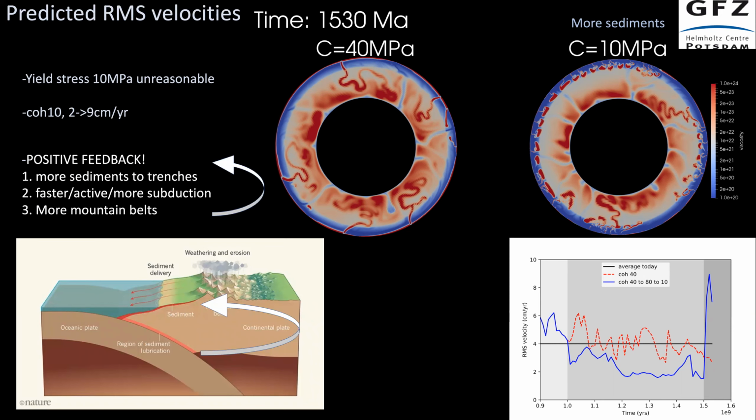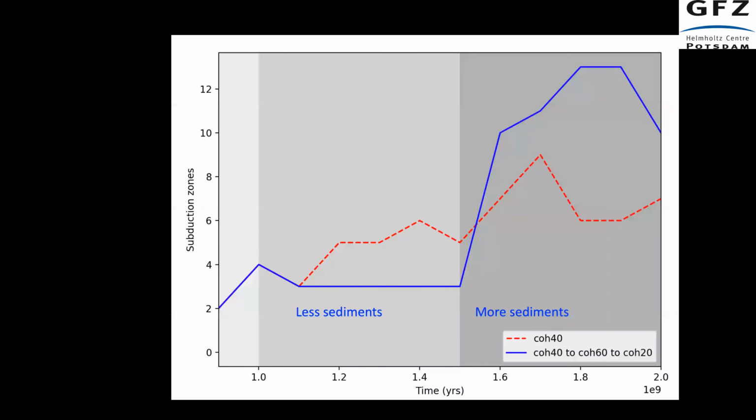Something else to bear in mind is there could be some positive feedback here. So the more sediments you have in the trenches, the faster and more active subduction you have, the more mountain belts you have, and this feeds back into the loop. And so here I'm plotting subduction zones versus time for, again, this reference model in the red dashed line, and the model as we increase the yield strength and then decrease the yield strength.